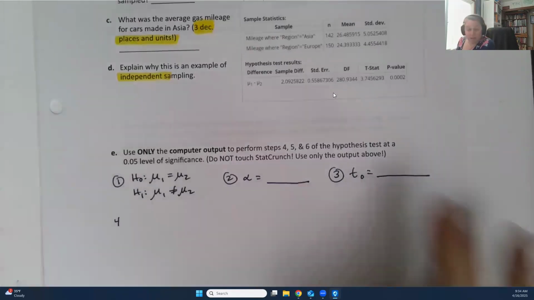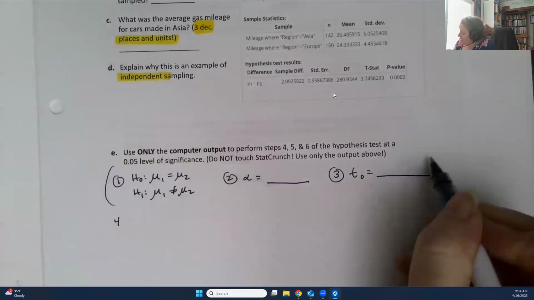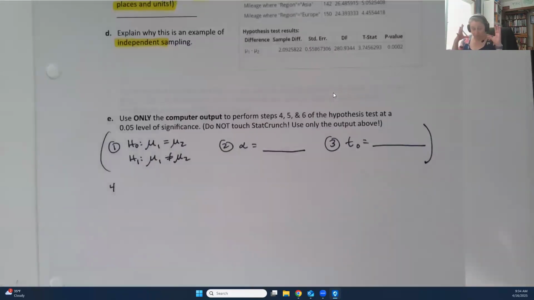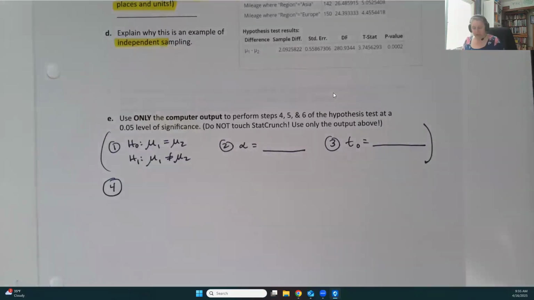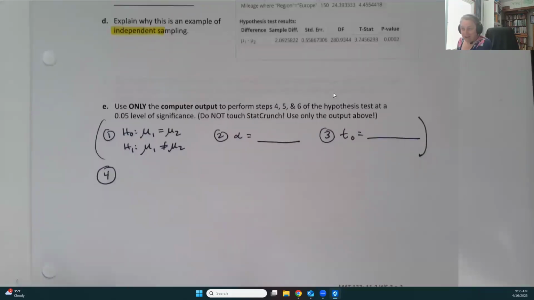See, 1, 2, 3, you don't need. If you want to write them because it freaks you out to not write all 6 steps because you're so used to writing all 6 steps, that's fine. But you don't need to. What you need to do is steps 4, 5, and 6. Although maybe I'll change that in the future because so many students get so bothered by it. Fine. I was trying to cut back on your work here.